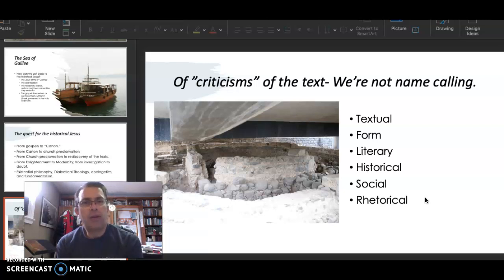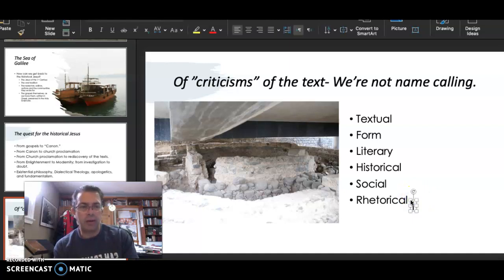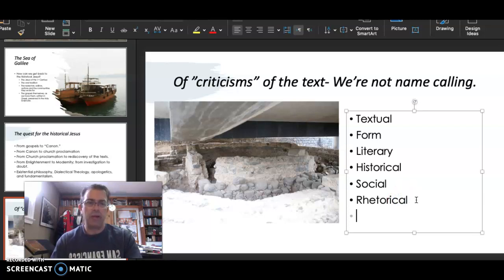So you're following the course of the argument, and you're asking yourself, and this may be more open to Pauline pieces, but when you look at the Sermon on the Mount and you take that whole sermonic piece, what's the impact? So, rhetorical criticism. And here I'm going to put one more out because this may prove to be interesting to somebody. I'm going to put theological.